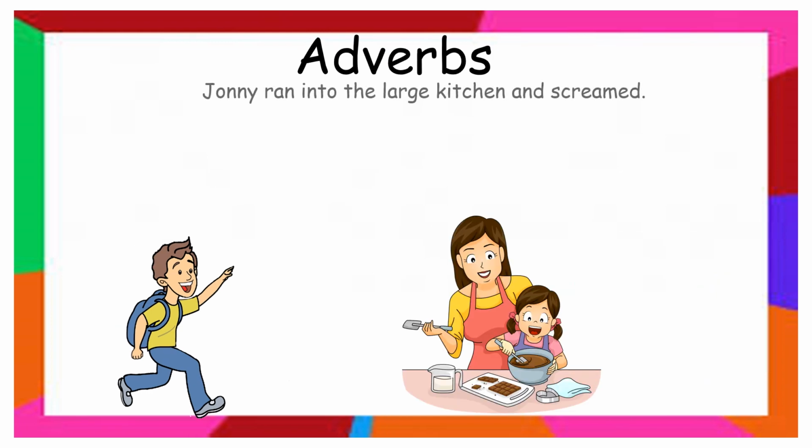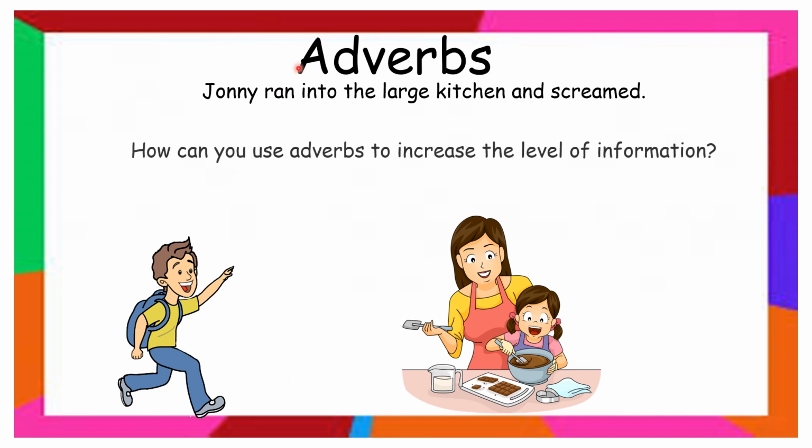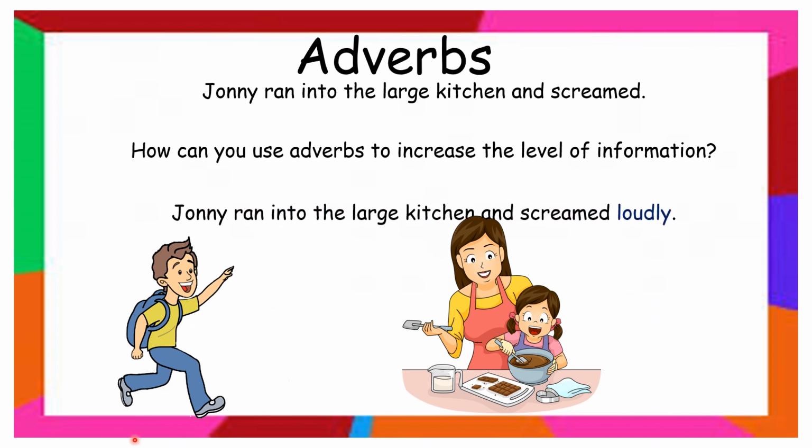Let's look at some more examples. Johnny ran into the large kitchen and screamed. How can we use adverbs to increase the level of information in this sentence? Pause the video and have a go. Welcome back. How did you get on? Let's see. Johnny ran into the large kitchen and screamed loudly.